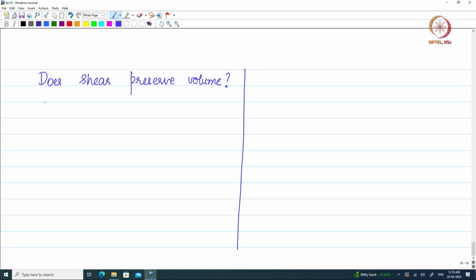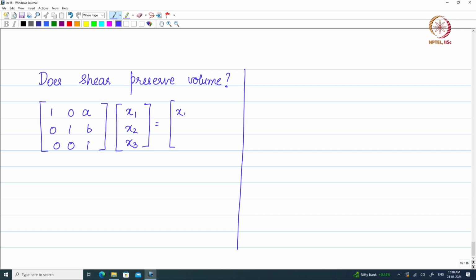So for example, if you look at this matrix, 1 0 A, 0 1 B, 0 0 1, acting on the vector x1, x2, x3, the resultant vector is going to be x1 plus A x3, x2 plus B x3, and x3.